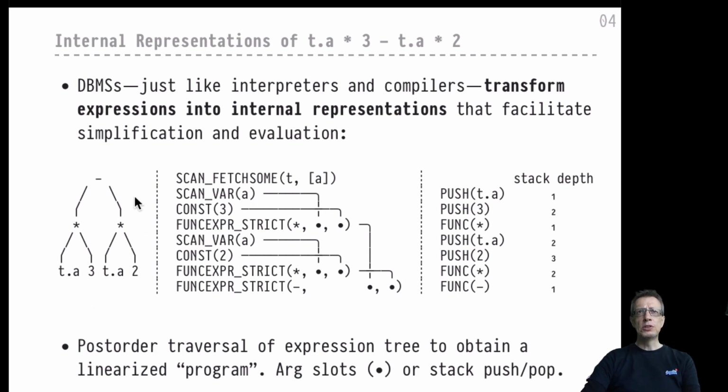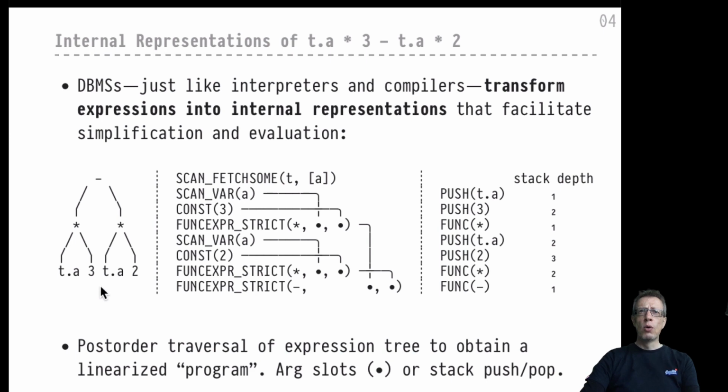Okay, so we could use this tree-shaped form of the expression to evaluate the query, to write an interpreter that walks this tree representation. But what you would normally find in high performance optimized interpreters for expressions is some sort of linearized form of this tree-shaped expression.